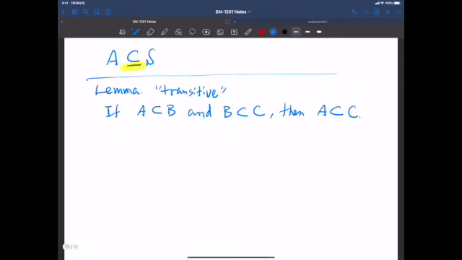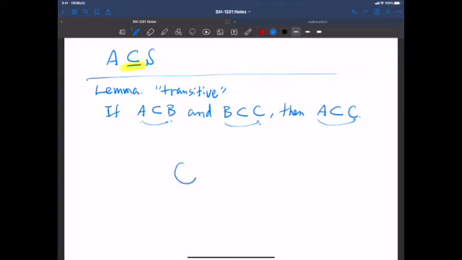So this relationship is transitive, meaning if A is a subset of B and B is a subset of C, then A is automatically a subset of C. Okay, so this relationship is transitive. So intuitively, this makes sense.